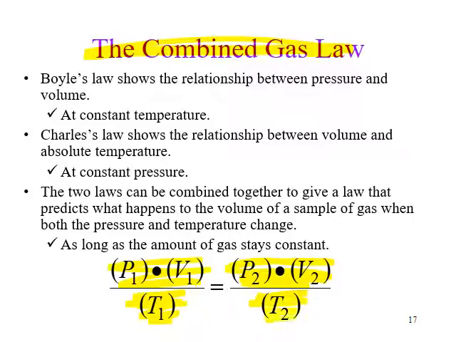So you can see that this is a combination of Boyle's and Charles' law. Boyle's law was P1V1 equals P2V2, and Charles' law was V1 over T1 equals V2 over T2. So this is basically a combination of the two laws. Therefore, it is called the combined gas law. And what is constant here? The amount of the gas is constant in this scenario.